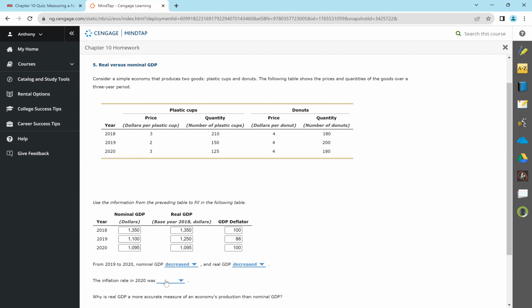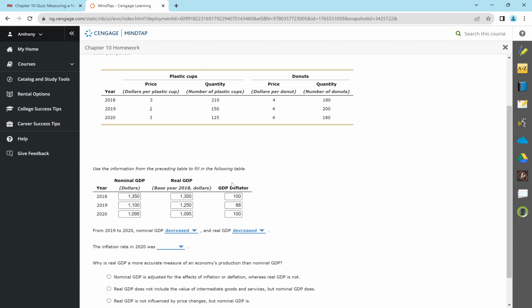The inflation rate in 2020 was, ooh, how do we figure out inflation rate? So inflation rate is the GDP deflator.